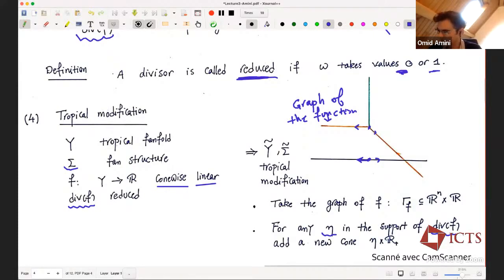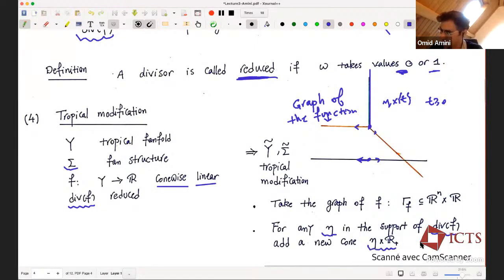So if you have eta here, then you just need to add eta times R plus. So you have to copy it in the upper level by taking eta times t for all values of t which are positive. And then you get a new cone.